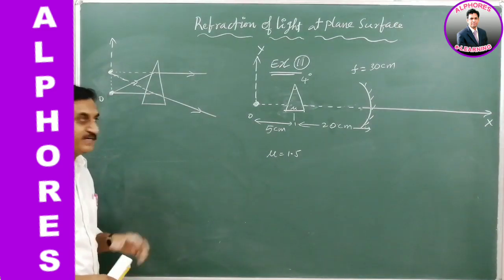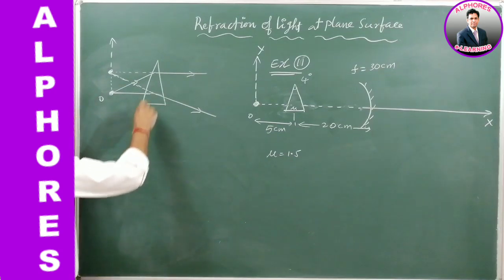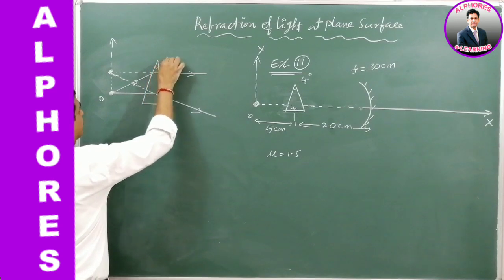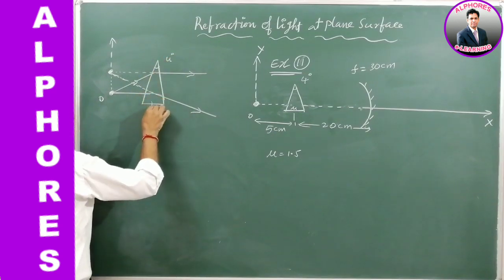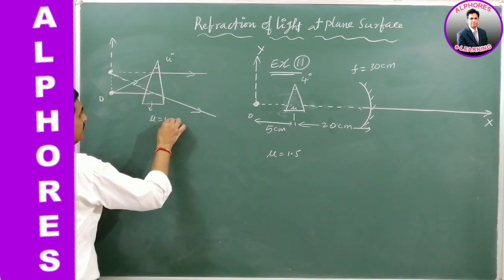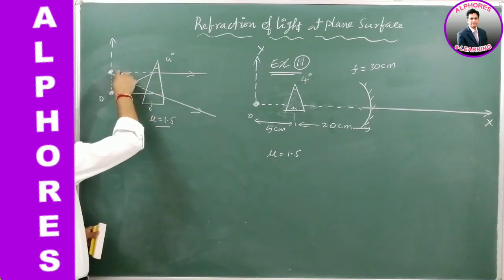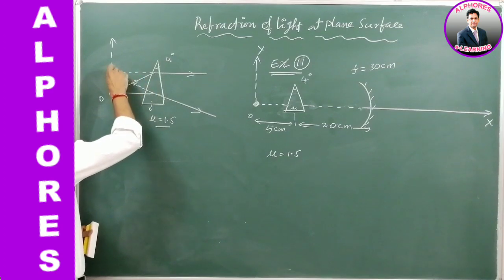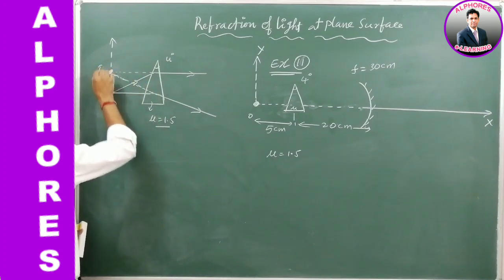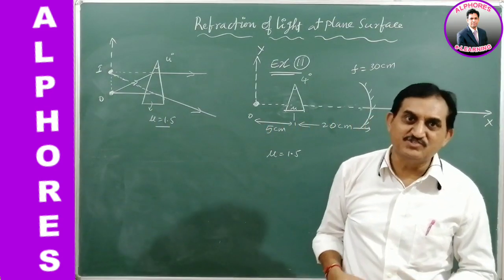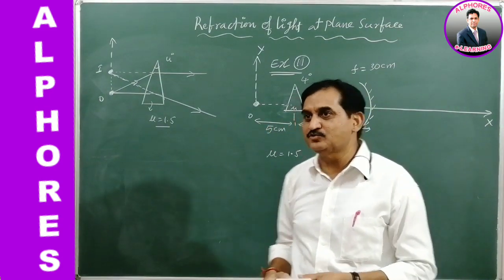But in this case it is a small angled prism, so the apex angle is 4 degree. Therefore, it gives a vertical shift of the image. This image is obtained by extension of the refracted rays, so it is a virtual image. Therefore, the prism forms a virtual image when the light is refracted through it.